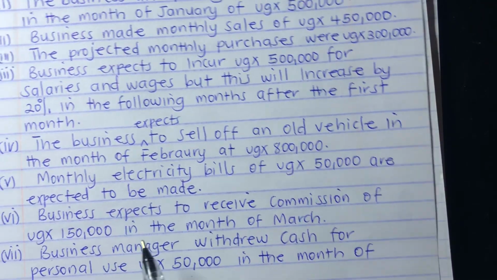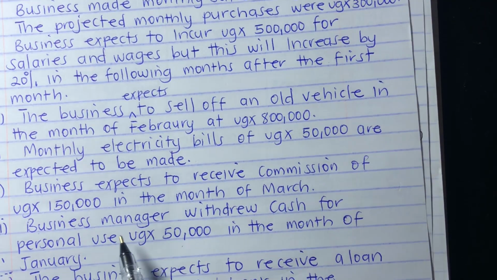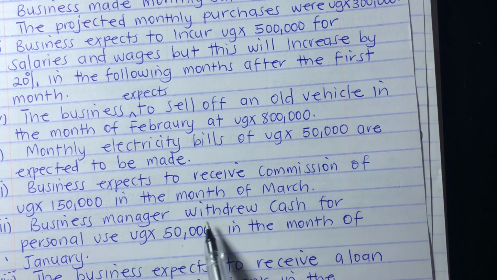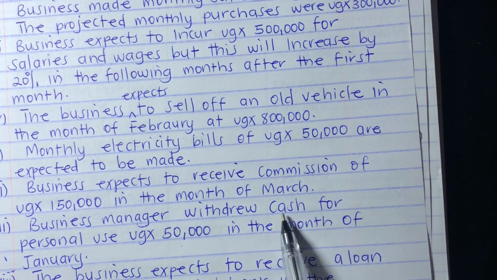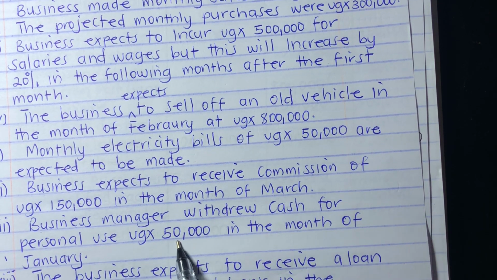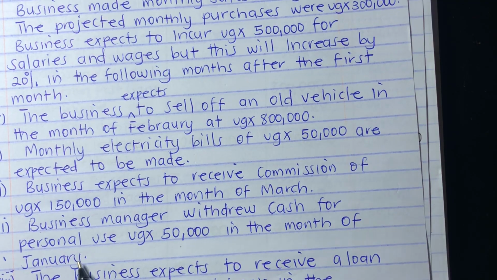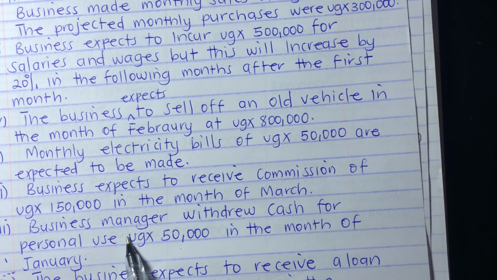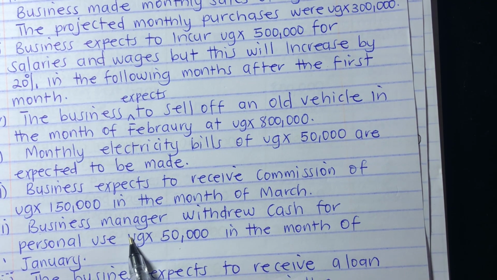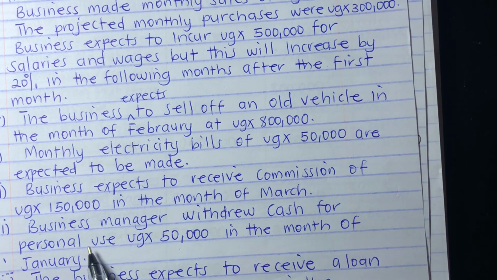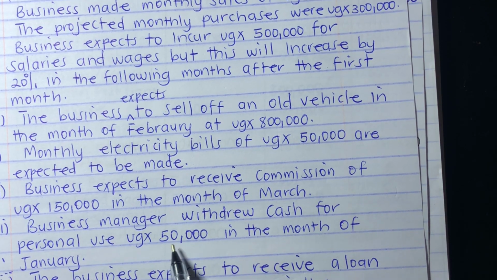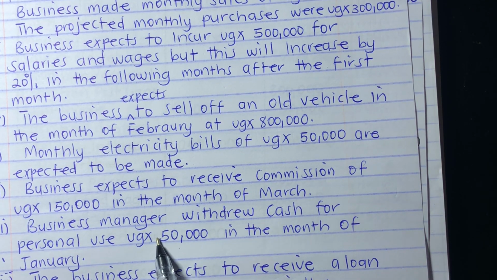We continue looking for more. The business manager withdrew cash for personal use, UGX 150,000 in the month of January. When I was discussing this in the previous lesson, I said that drawings for personal use are not recorded in a cash flow statement.